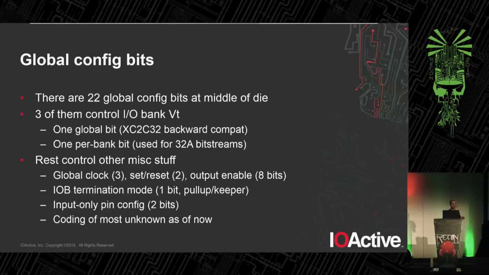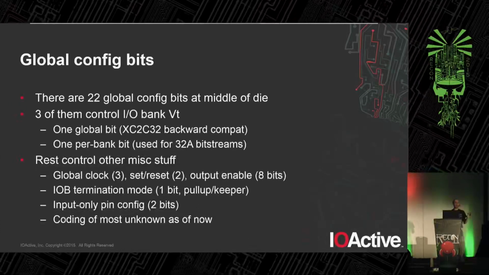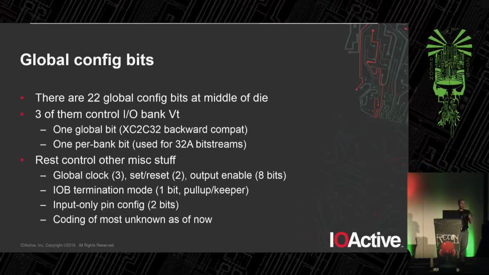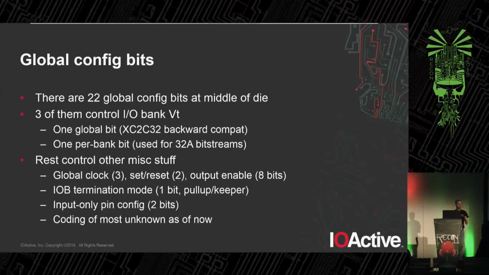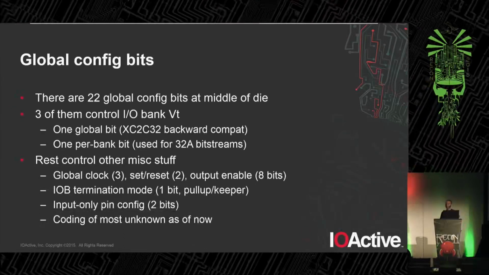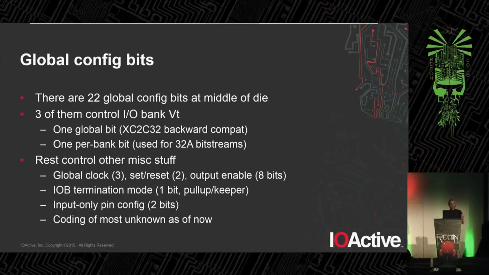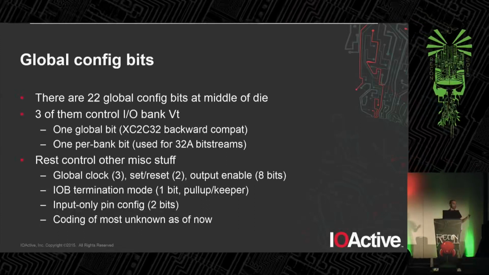The device has 2 I/O banks, but the original XC2C32 only had 1 I/O bank. So they did a clever hack. They are now bitstream compatible with the 2C32. They added 4 more configuration bits. The way they did this is they have 1 global bit. If this bit is set, then it'll use the old school XC2C32 configuration setting for this.